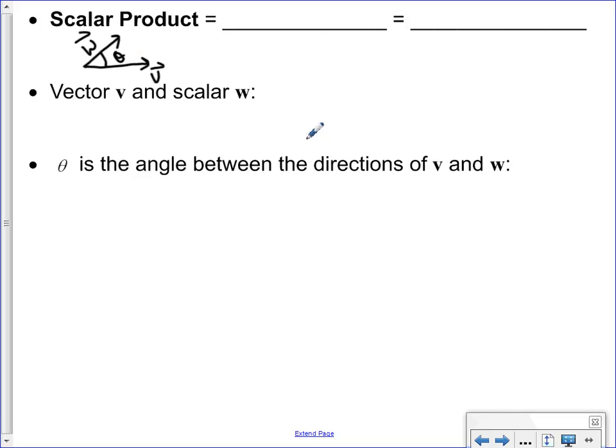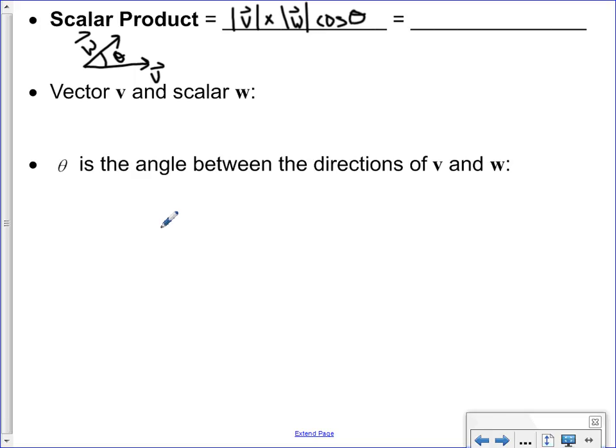Then their scalar product is the product of their magnitudes: the magnitude of vector V times the magnitude of vector W times cosine of theta.